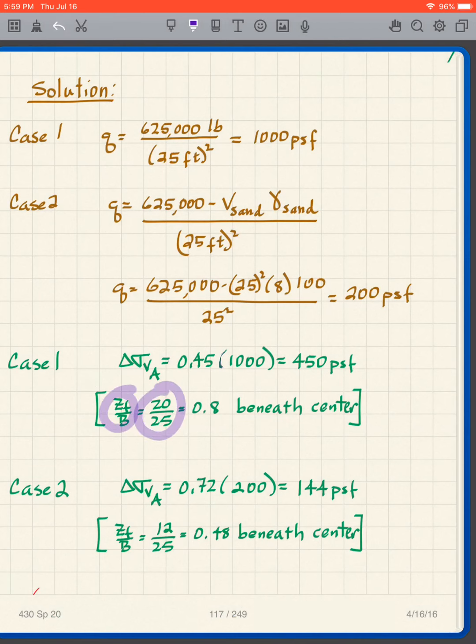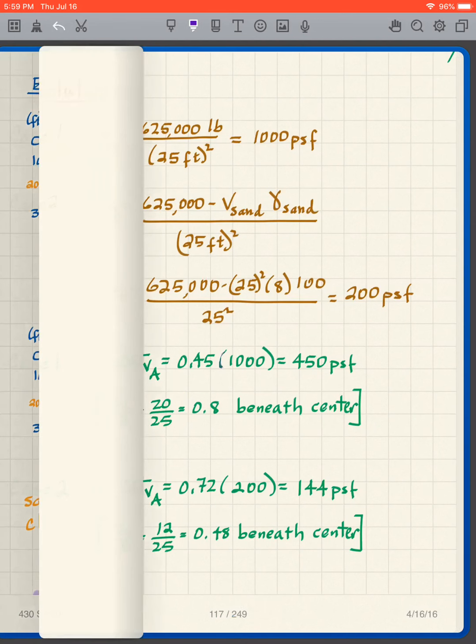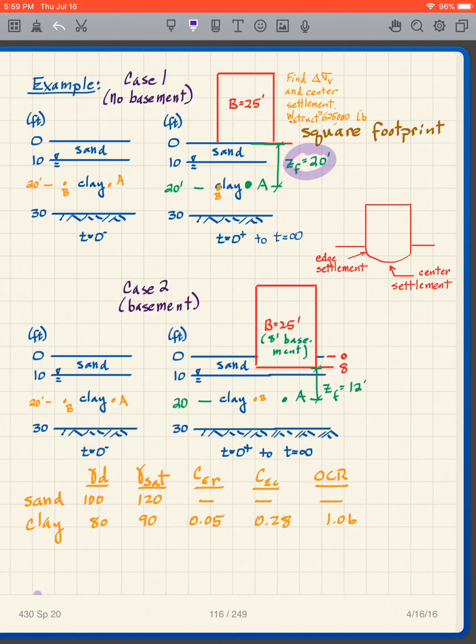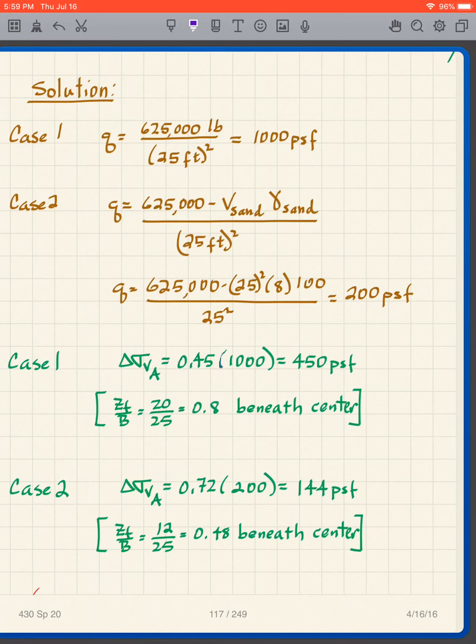Why? Because if you remember, we did the ZFs already here. I've got a ZF of 20, ZF of 12. So I'm looking at my ZF over B, 20 over 25 is 0.8. And it's beneath the center, so I don't have to do my XFOB or anything like that. It's easy.